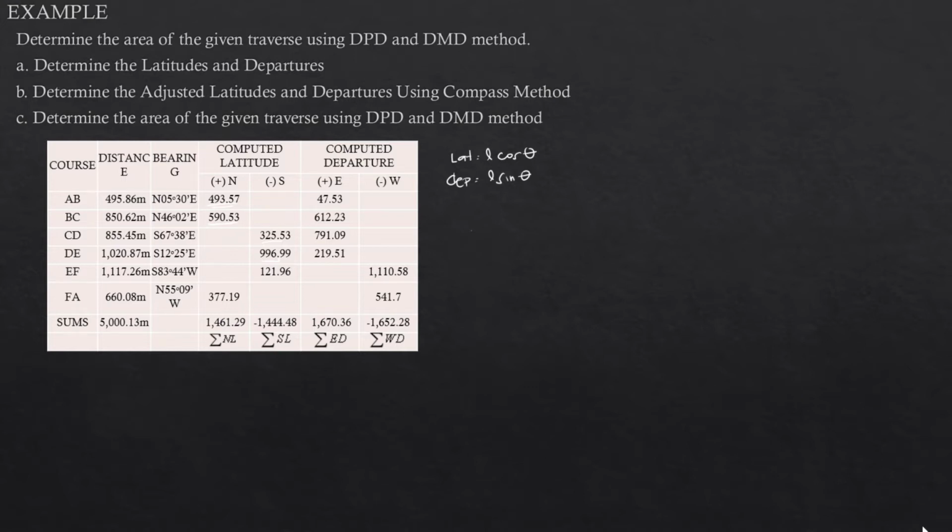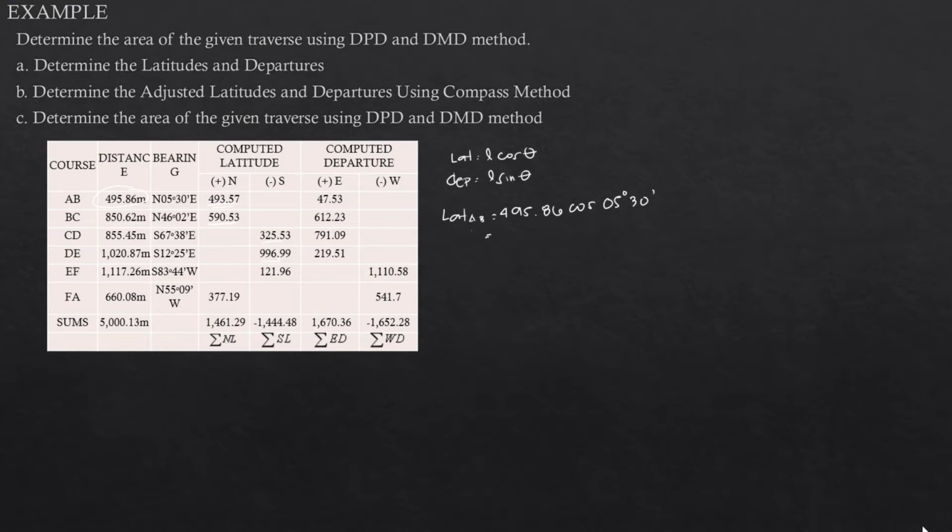Okay, so sige kunin natin. Latitude ng AB is equal to, may given lang tayo na 495.86 cos, bearing niya is 5 degrees 30 minutes.